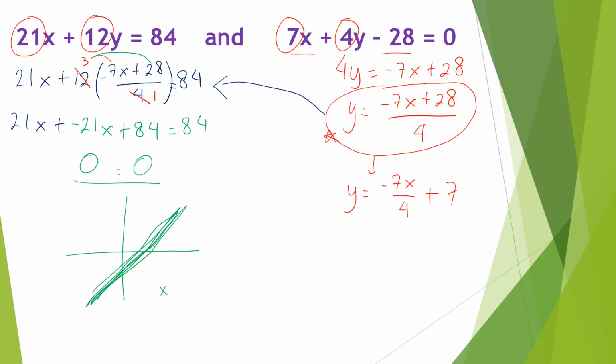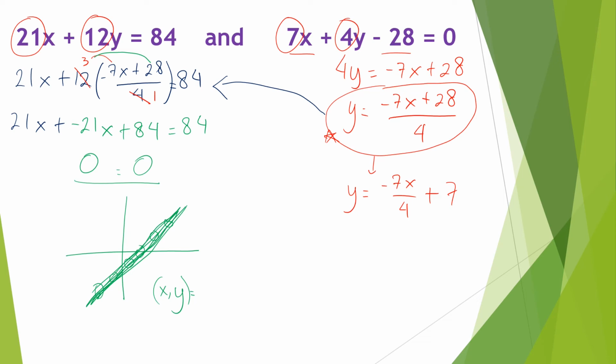For x and y, there is no single simultaneous result. It means it is not exactly at one point, but all the points on this line. Okay, so that is the answer. There are so many; we can say the answer is infinite points.